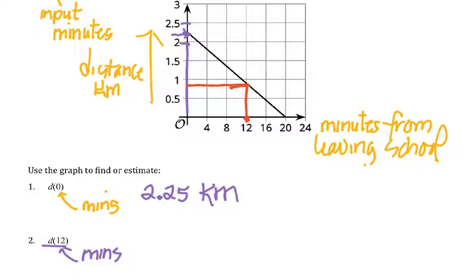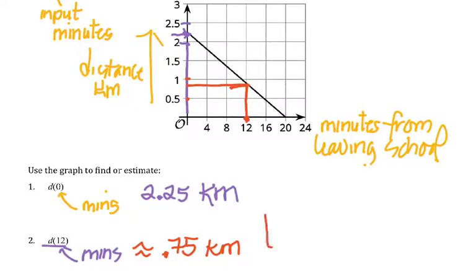If I know that this is 0.5 and this is 1, that's a little bit more, I'm going to say at 12 minutes, how far away is he? He is approximately 0.75 kilometers. So you can see his distance at 0 minutes, he was 2.25 away. At 12 minutes, he's getting closer to where he's going. So just something to think about.